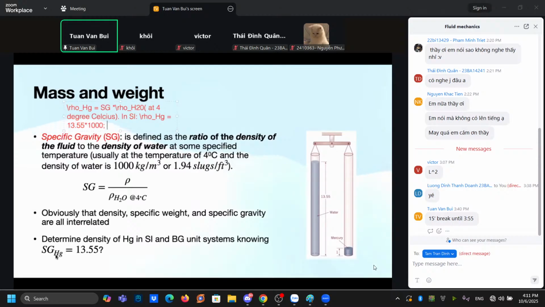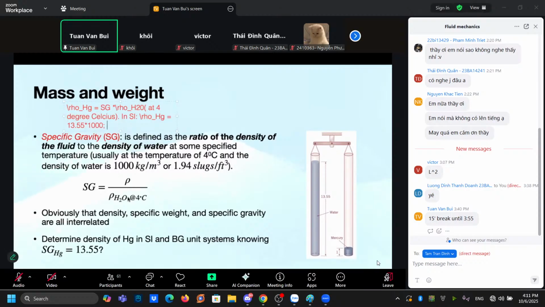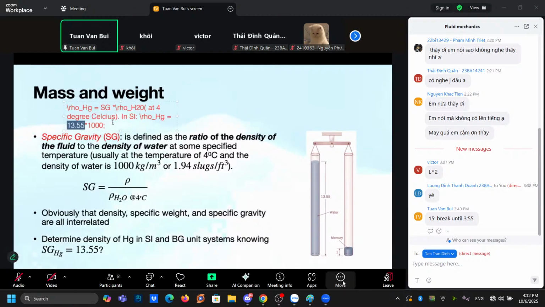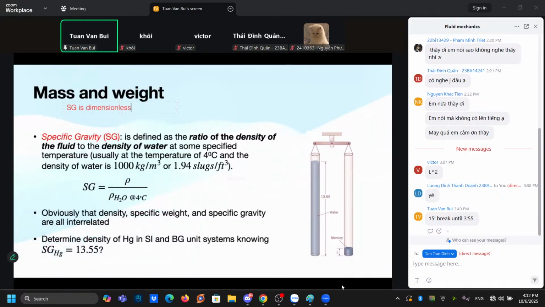So you can see that specific gravity is the ratio of density divided by density, so it doesn't have units, or we can say it is dimensionless. It is a dimensionless parameter, and it will have the same value in all unit systems.